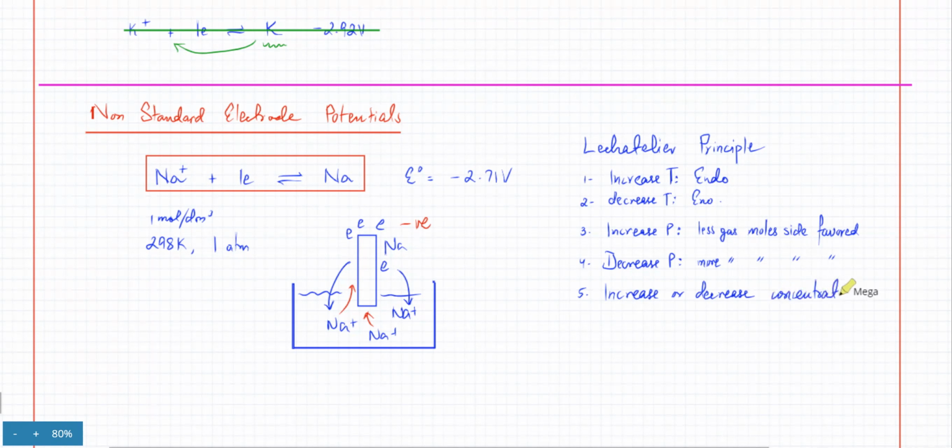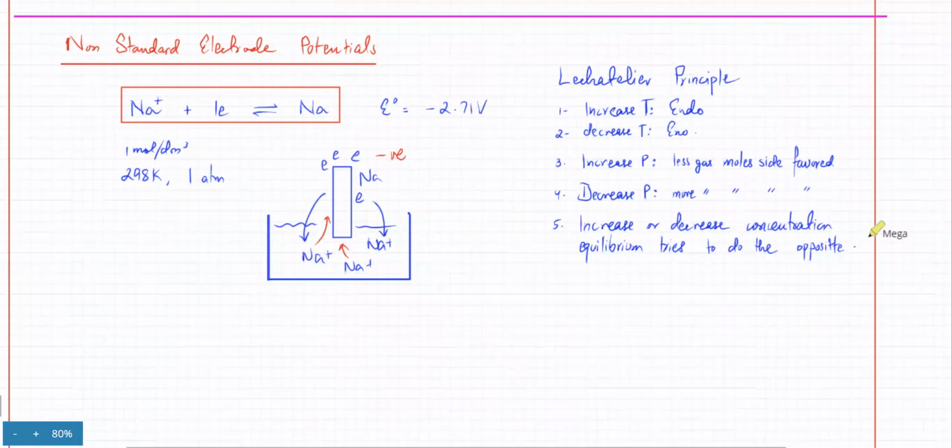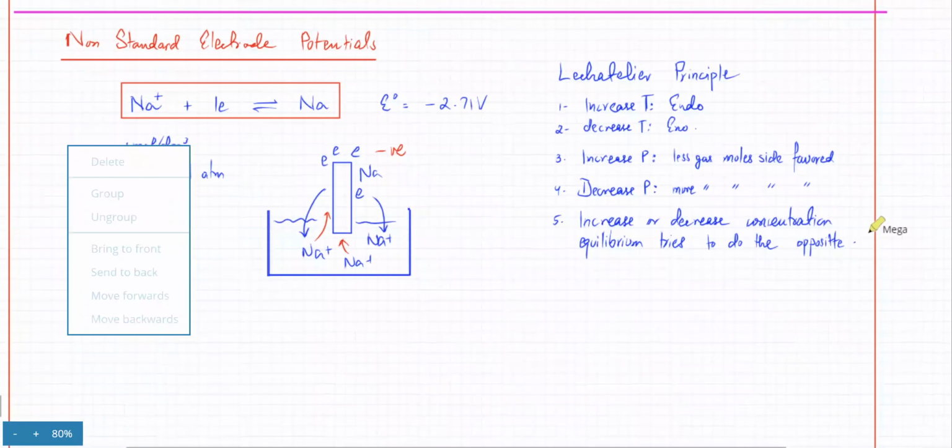So if you try to increase concentration, equilibrium would try to decrease concentration.